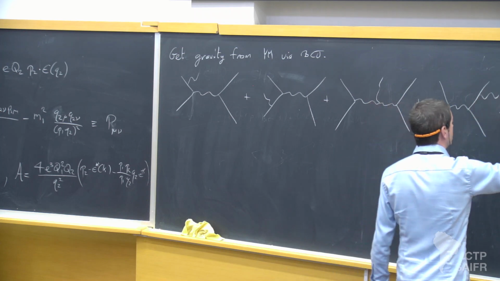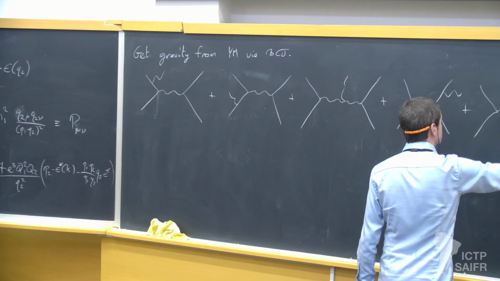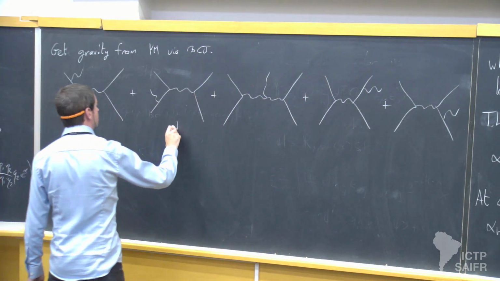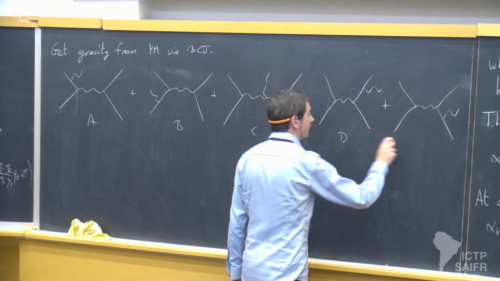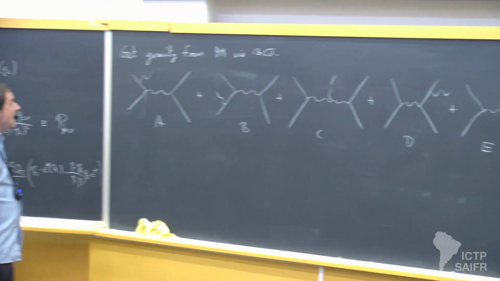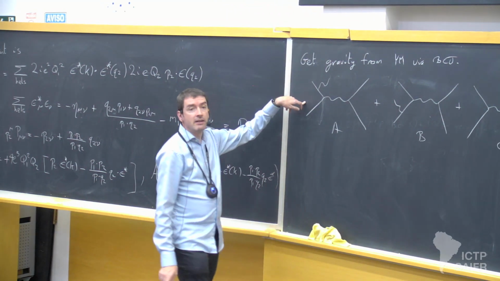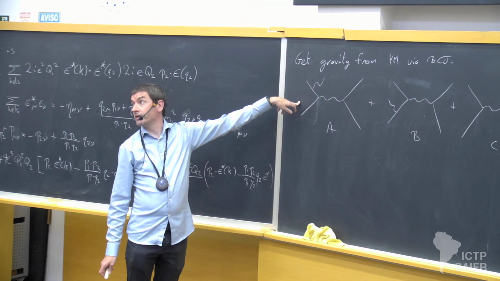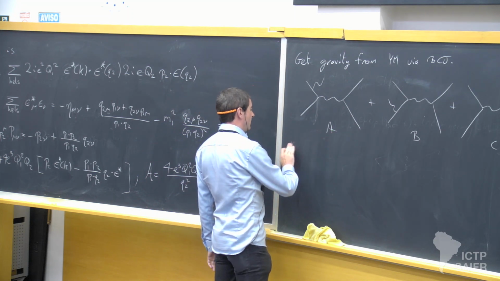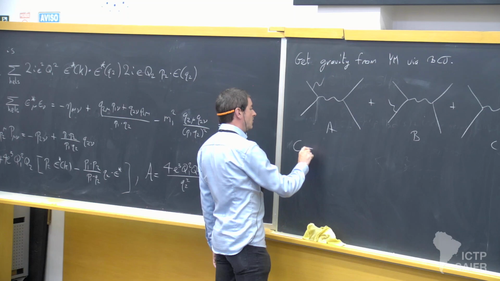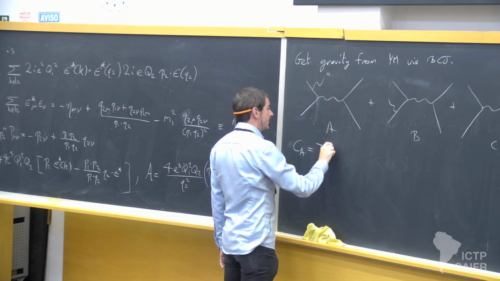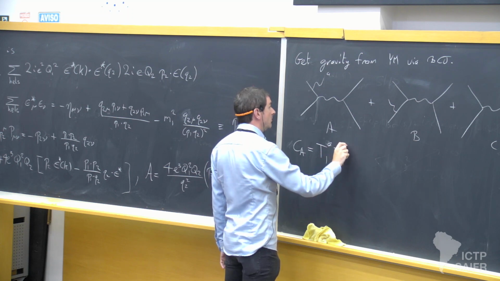And there's these two. Okay, so let's call them A, B, C, D, and E. So 5 diagrams that one needs to compute. Okay, so in Yang-Mills theory, these diagrams are going to come with color factors. This is particle 1, this is particle 2. The color factor of diagram A will have a T. So this is a free index, T1A, T1B.